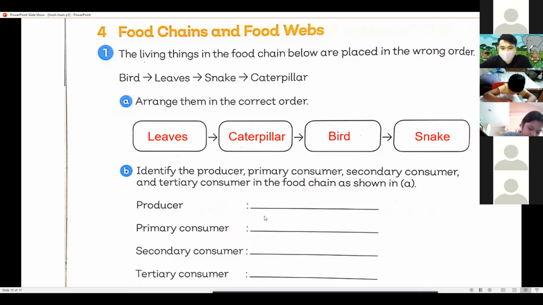What is the primary? What is the secondary? And what is the tertiary? Easy? Yes. Very easy. Very good.